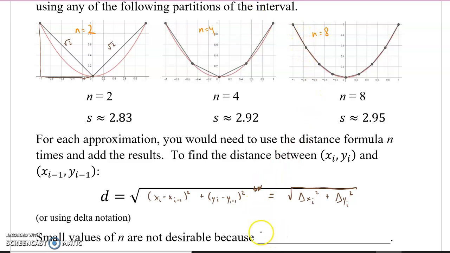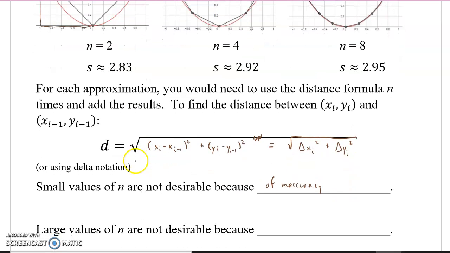Small values of n are clearly not desirable because of inaccuracy. It's not a very good approximation with small values of n, but of course large values of n are not desirable because of tedium, right? We don't want to sit here all day using the distance formula over and over again.